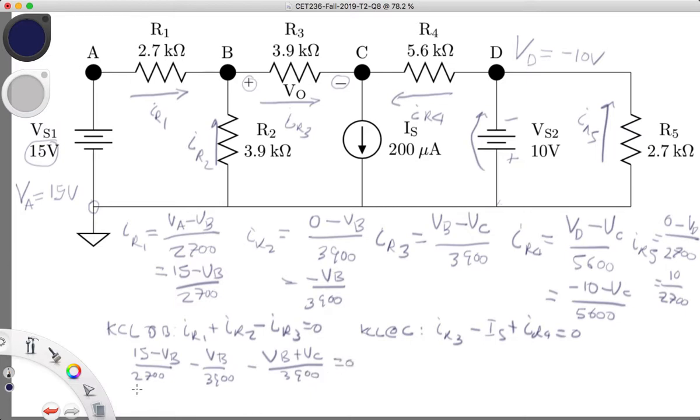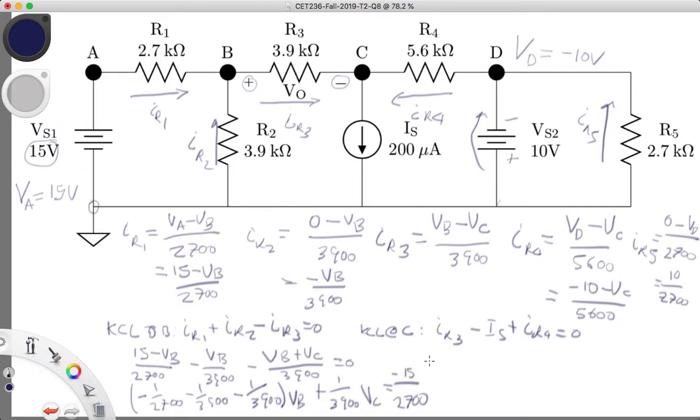Okay, so we've got minus 1 on 2700, minus 1 on 3900, minus 1 on 3900, and that's all VB, and we've got plus 1 on 3900 VC, and all of that equals minus 15 on 2700.